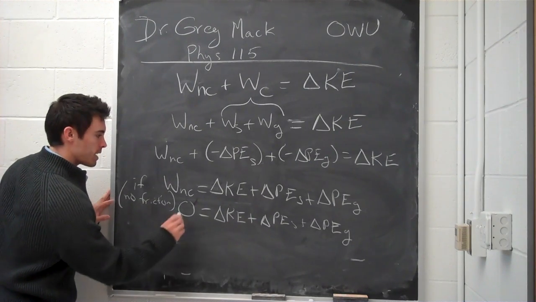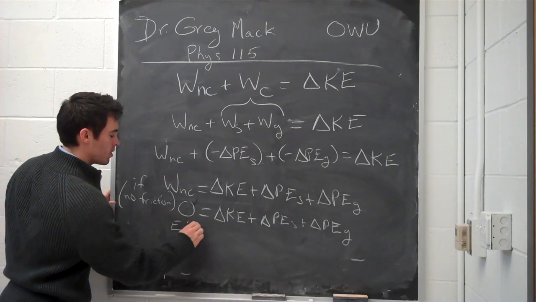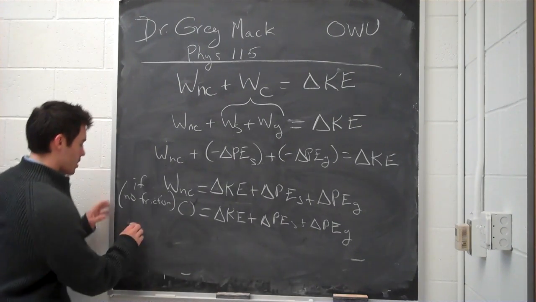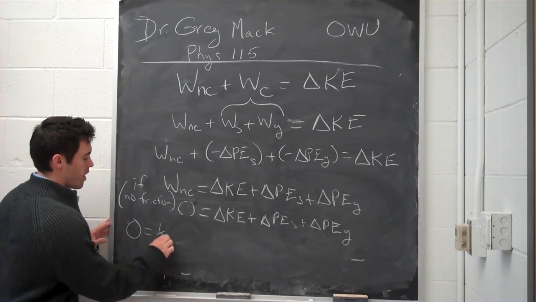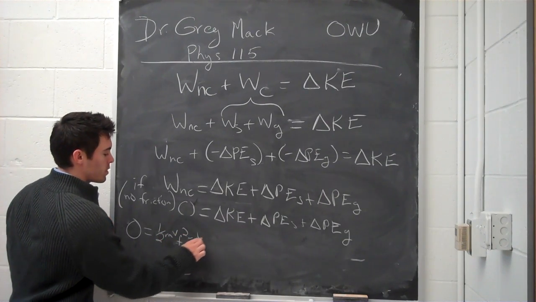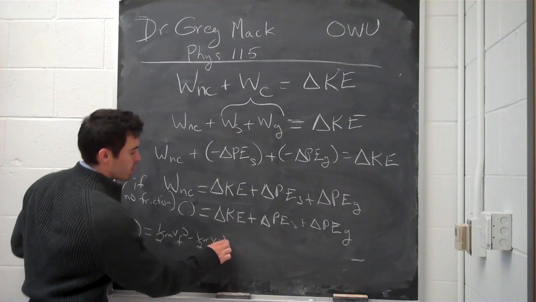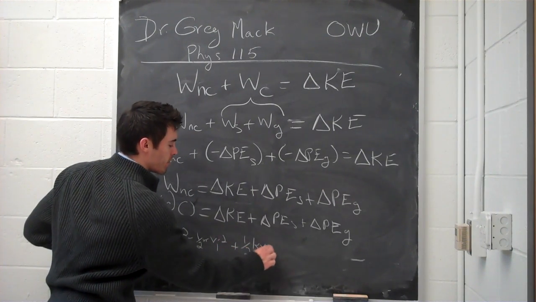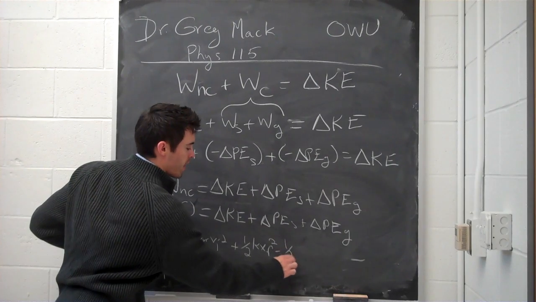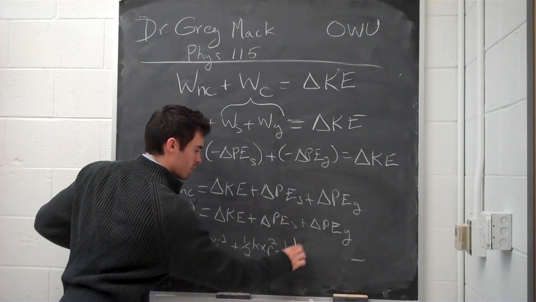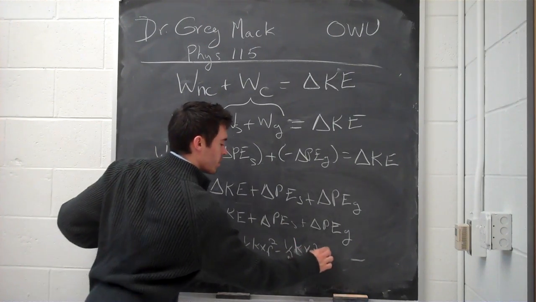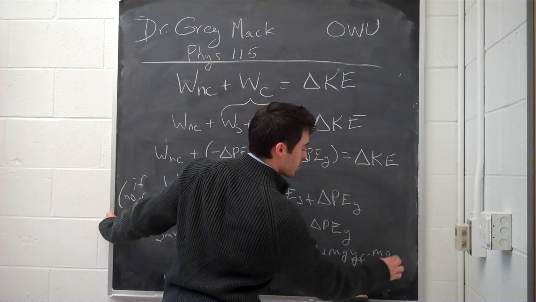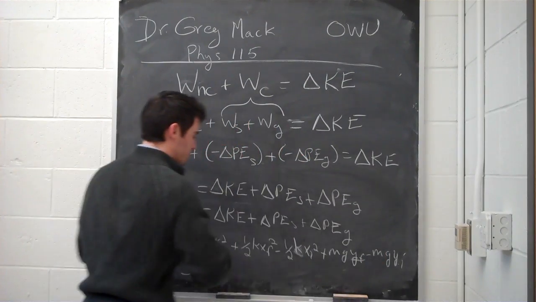Or that, well, let me write this out first. 0 is equal to 1/2 m v_f squared minus 1/2 m v_i squared plus 1/2 k x_f squared minus 1/2 k x_i squared plus m g y final minus m g y initial.